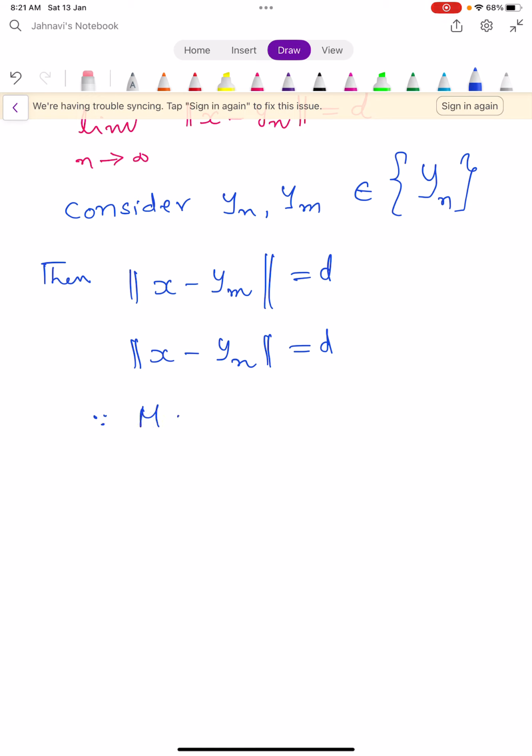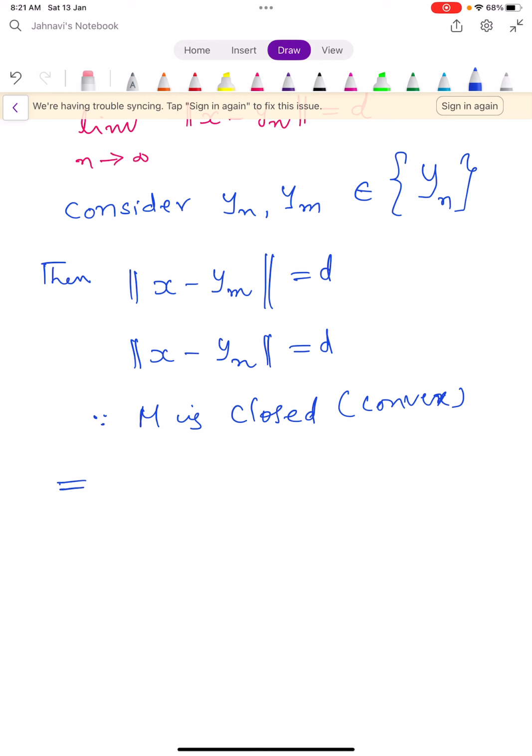Again, since capital M is closed, you assume that here it is even proper. Here it is a convex property also. Here M is closed as well as convex. Just it is an assumption.